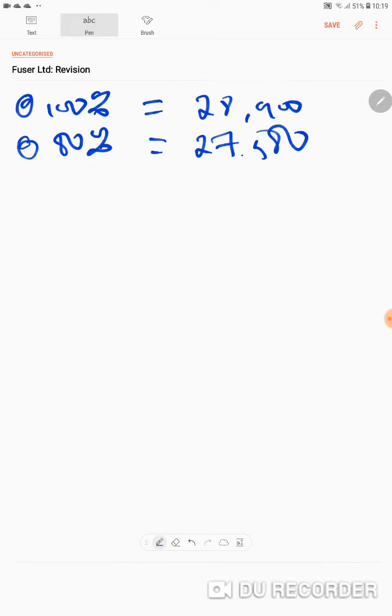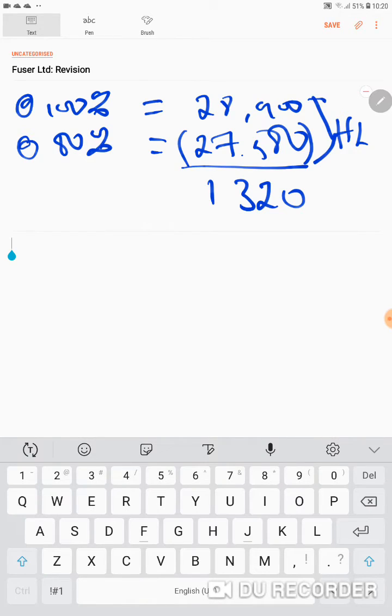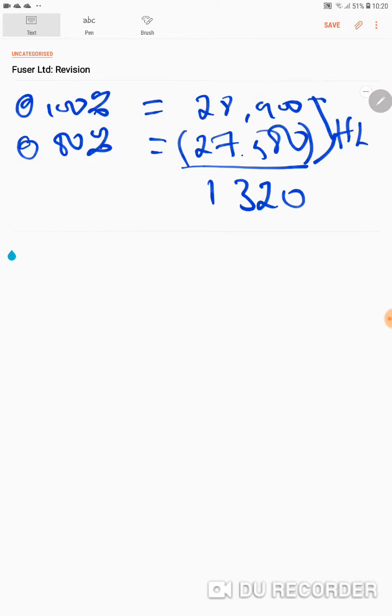So I'm sure from this information already we can know that we should be able to use the high-low method to calculate our variable component. So our variable component, we're now simply saying the 28.9 minus the 27,580, and we get the 1320. So 1320 we get is variable cost at what level? This is at 20% capacity.